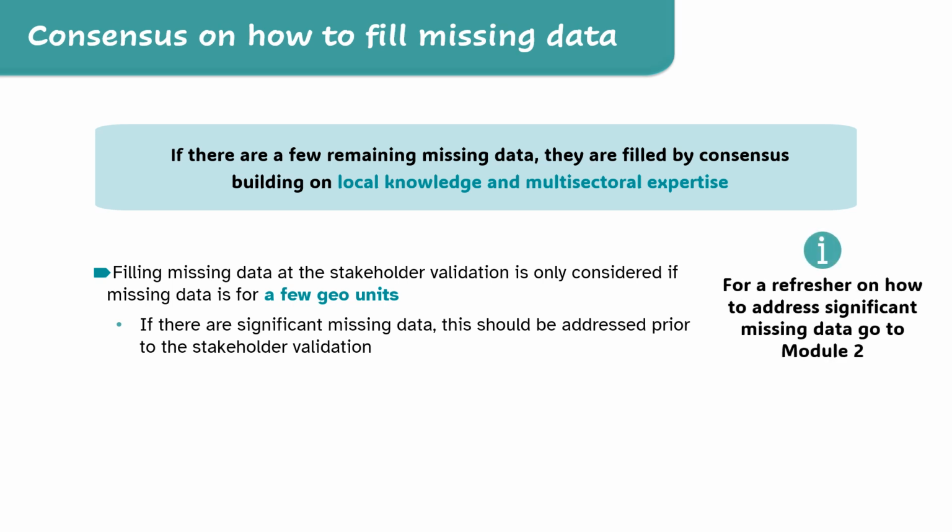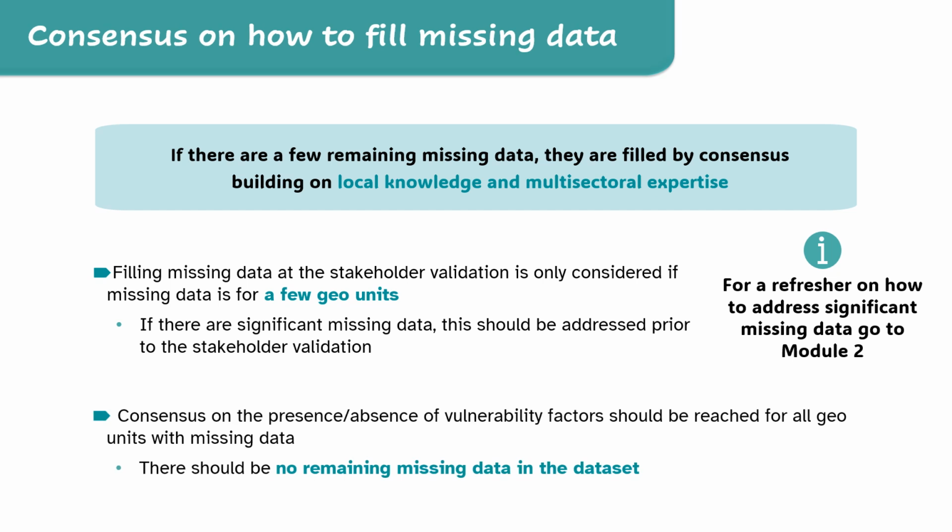For a reminder about how to address significant missing data, do not hesitate to go back to Module 2 of this course. Consensus on the presence or absence of vulnerability factors should be reached for all geographic units with remaining missing data. As a result, there should be no more remaining missing data in the dataset.